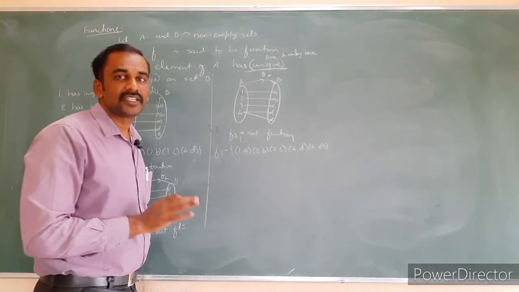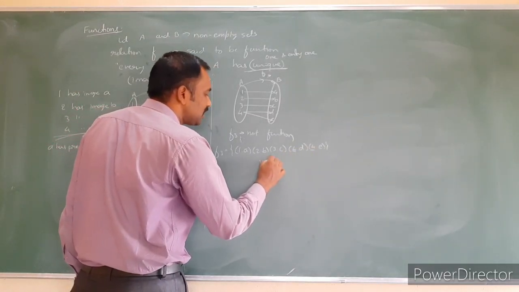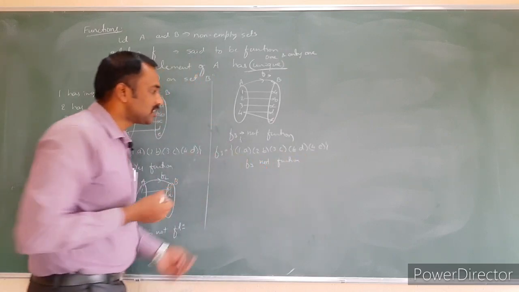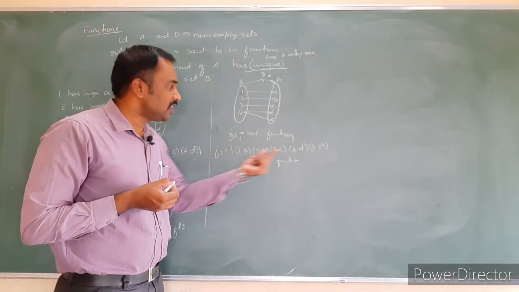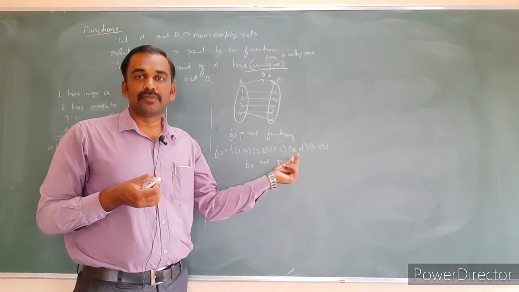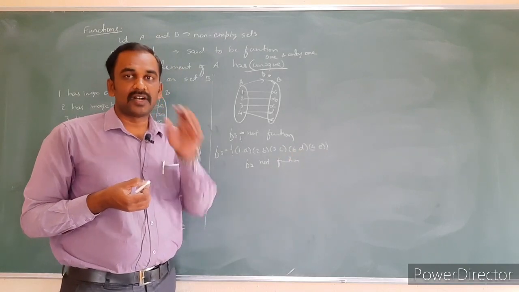If it is repeated, then it is not a function. Here 4 is repeated, therefore F3 is not a function. Because one element has two images, the first element is repeated, that's why it is not a function.